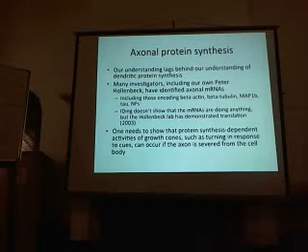Of course, just identifying them doesn't show that they're doing anything, but Peter's lab has demonstrated translation of those in growing chick sympathetic axons, and showing that they do constitute about 5 to 10% of the total neuronal RNA. And again, that's a case of growing axons.